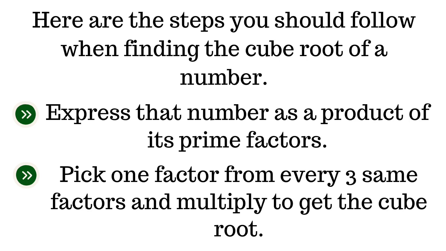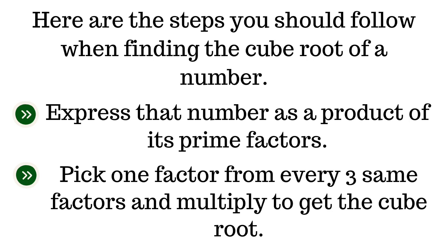First, express that number as the product of its prime factors. The second step, pick one factor from every 3 same factors and multiply to get the cube root. Just like we had done in the square root, we will first of all express that number as a product of its prime factors.